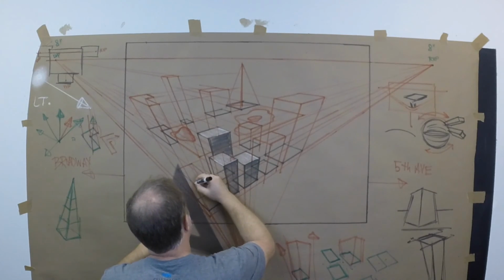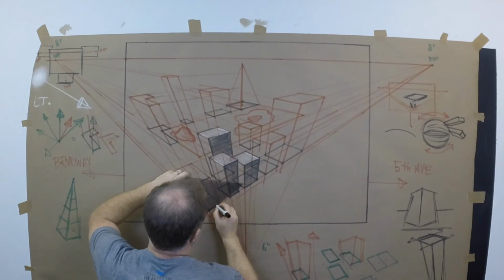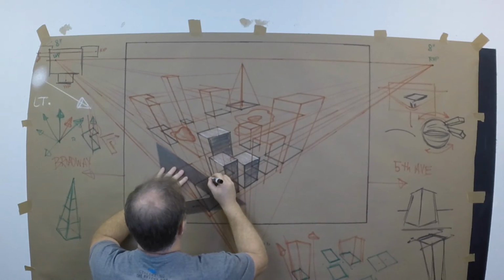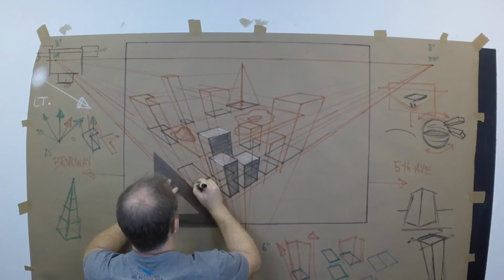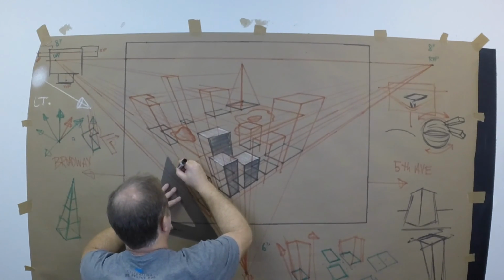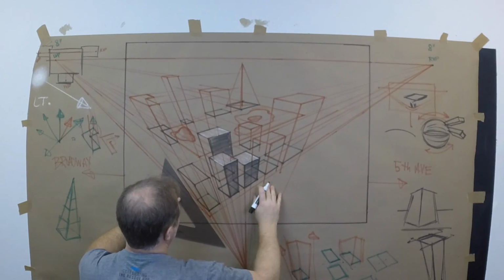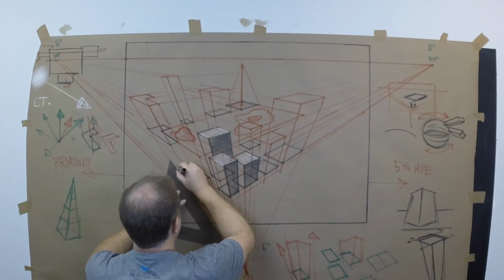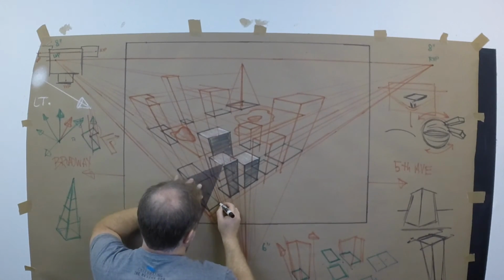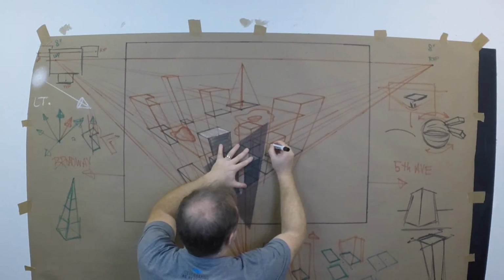You have to be careful when you do this, and you don't want to outline too dark right now, and the reason why is because you want to later on maybe add some things and overlap some things in here, trees or whatever. And so if you outline it too dark, it might get in the way. That could be a problem. All right, so I'll do these over here.